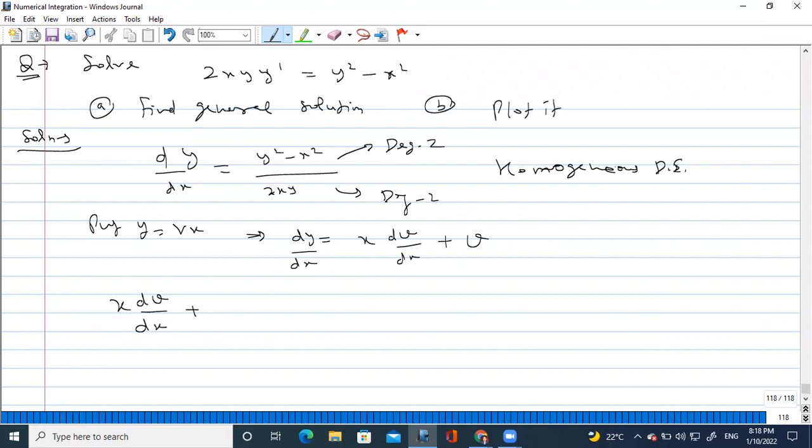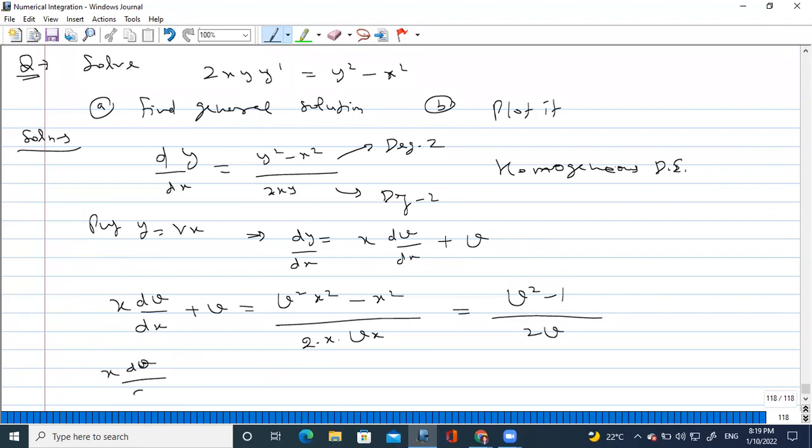So it will become x dv by dx plus v will be equal to y square, in place of y you have to put vx. It will become v square x square minus x square divided by 2 into x into vx. So x square cancels, and it will become v square minus 1 divided by 2v. So x dv by dx will be equal to v square minus 1 divided by 2v minus v.